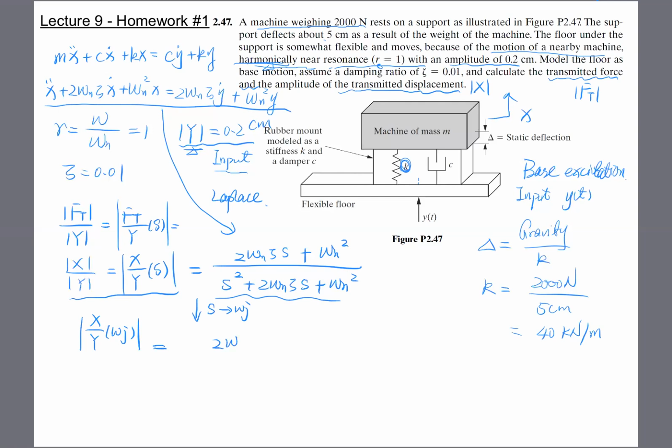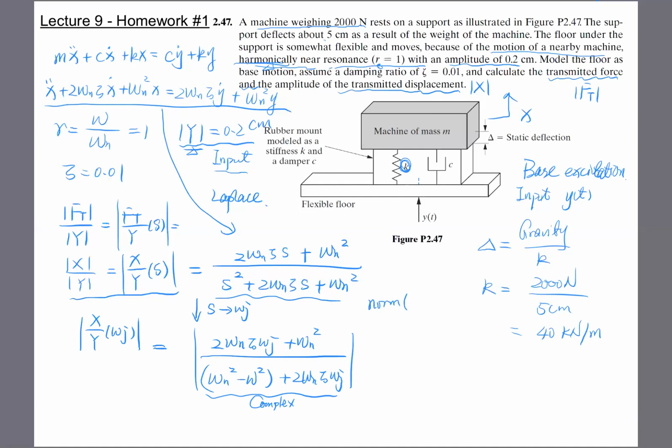So you have 2 omega n zeta omega j plus omega n squared over omega n squared minus omega squared plus 2 omega n zeta omega j. So again, inside these absolute value symbols, you have a complex number. Right now, you have to calculate the norm of this complex number. So you can, again, use a norm function in MATLAB.